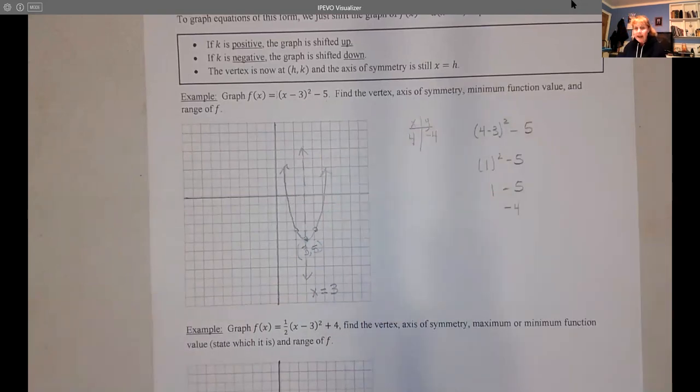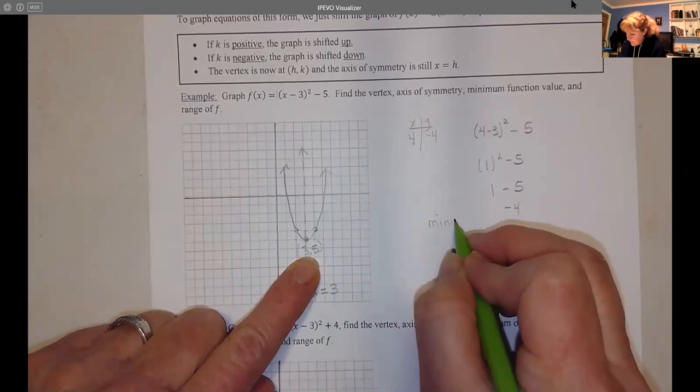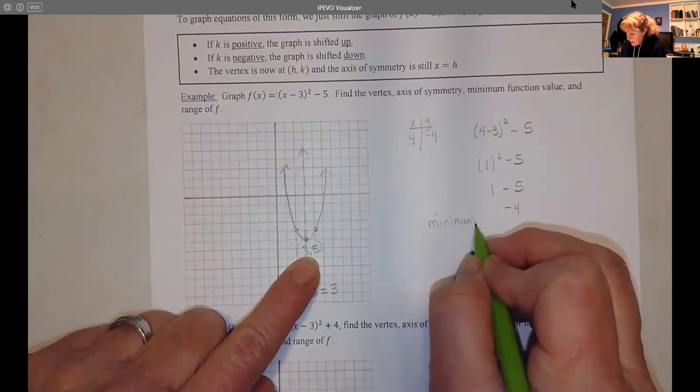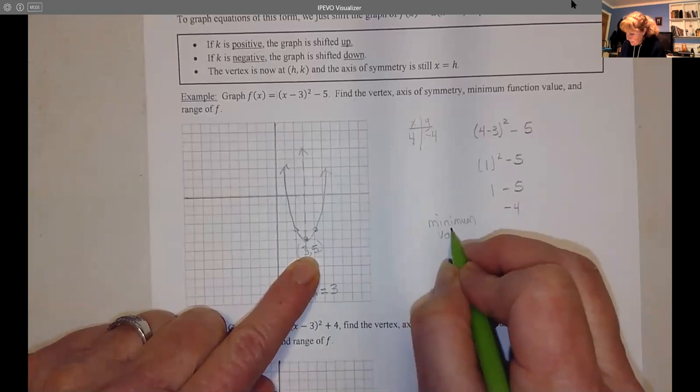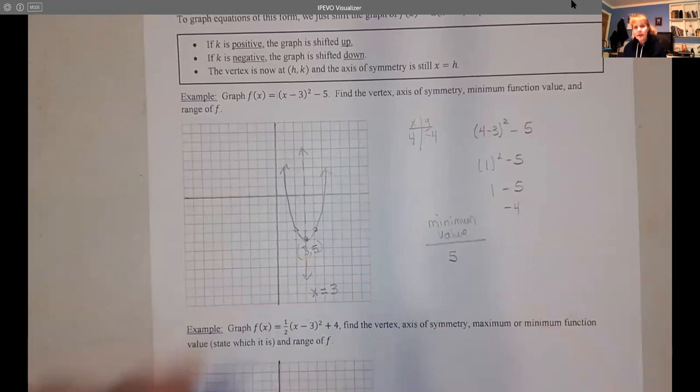Okay. I can tell that I have a minimum. I have a bottom number. The minimum value, we always get our values as the y coordinate. So our minimum value is 5. That's our minimum value.